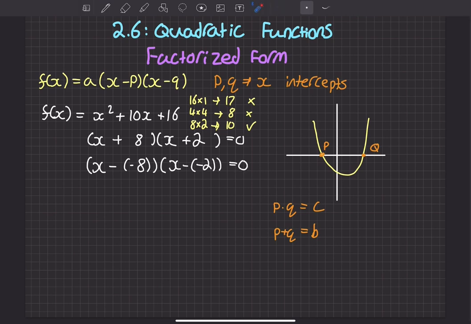Because we want this to be minus, not plus, and minus times minus is plus. So now we have it in the factorized form. We just now know that p equals minus 8, q equals minus 2, right? Because it's x minus p, x minus q.